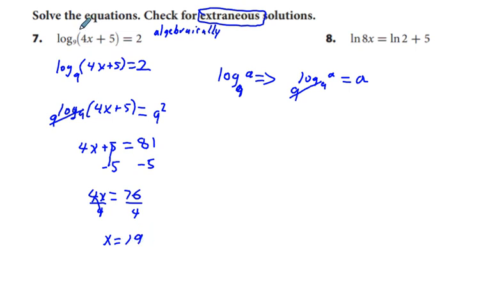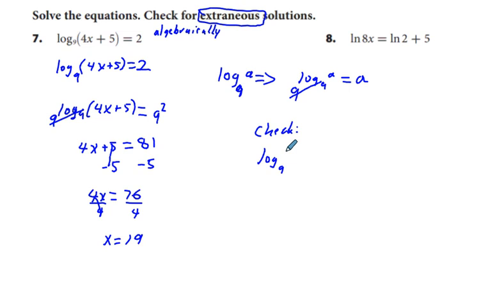And we can check our answer by substituting back in 19 in the original equation for x. So here will be our check. Now in this set, I'm not going to check every problem solely in the interest of time.